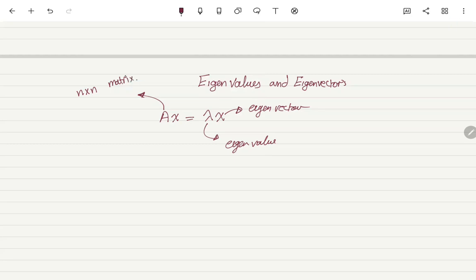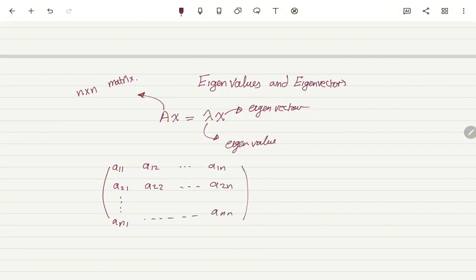In a more general form, this equation right here can be written as A11, A12, A1n, A21, A22, A2n, An1, Ann.